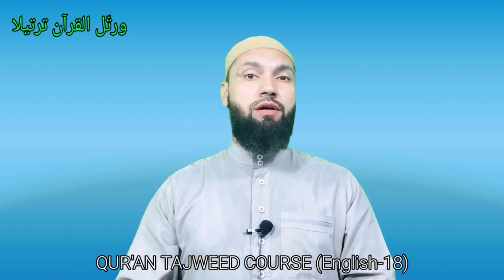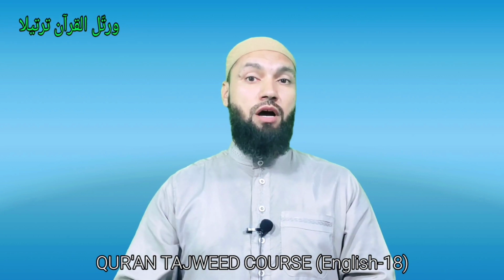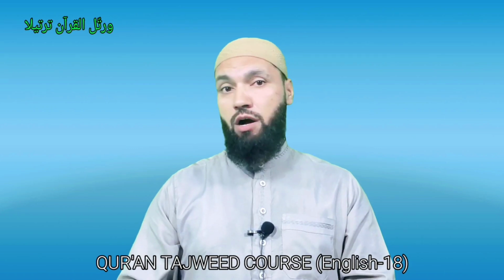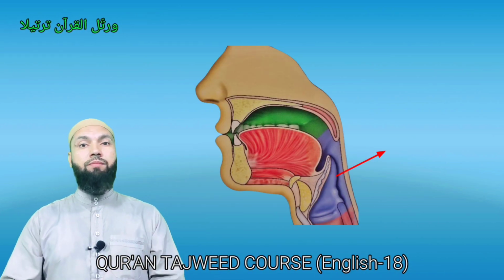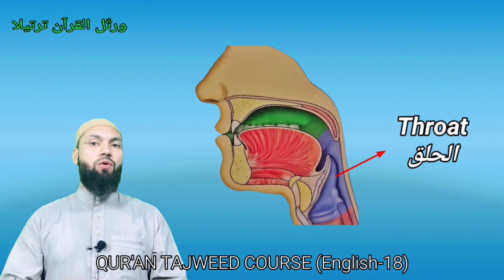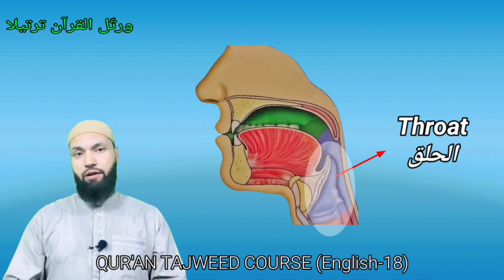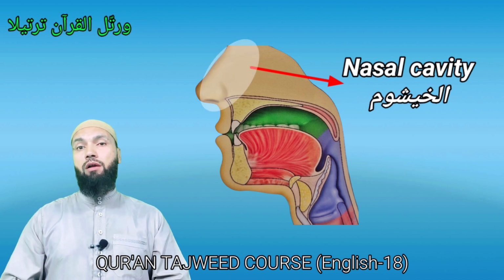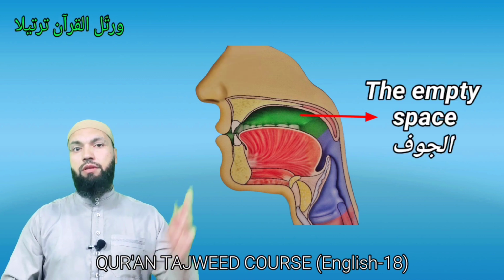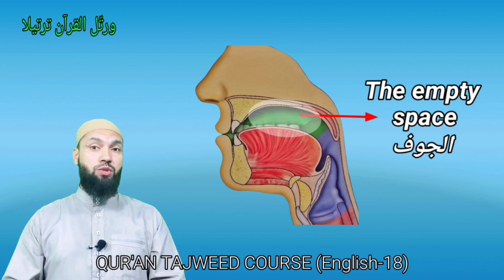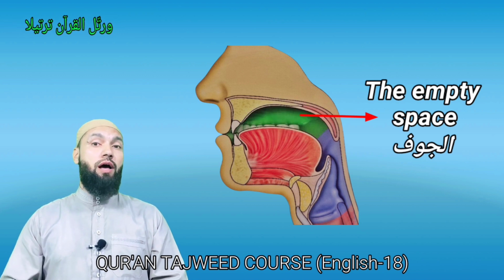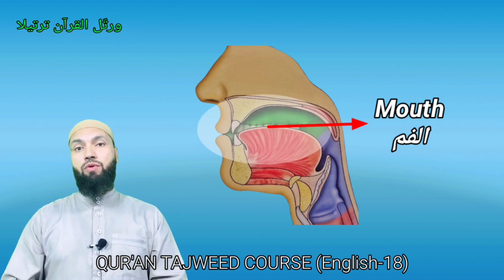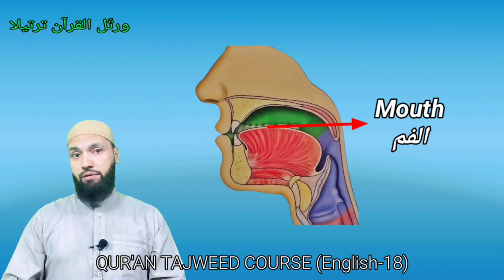But we have only learned about 4 major articulators in our vocal tract, and those 4 articulators are: the first one, the throat, called al-halaq in Arabic; the second one, the nasal cavity, called al-khayshum in Arabic; the third one, the empty space within our mouth, called al-jawf in Arabic; and the fourth one, the mouth, called al-fam in Arabic.